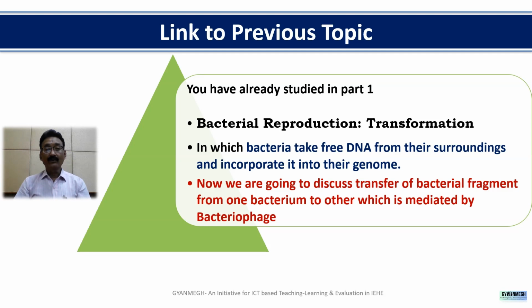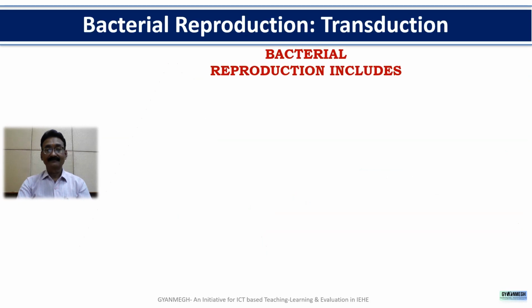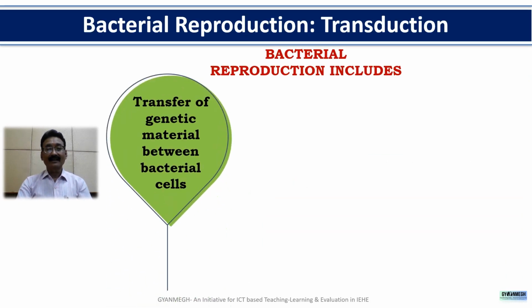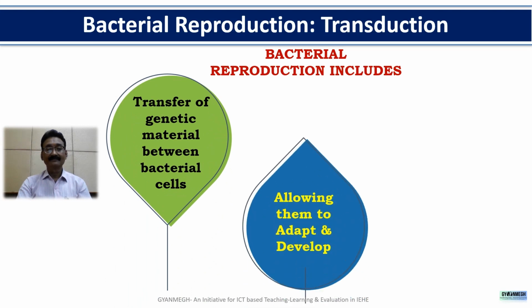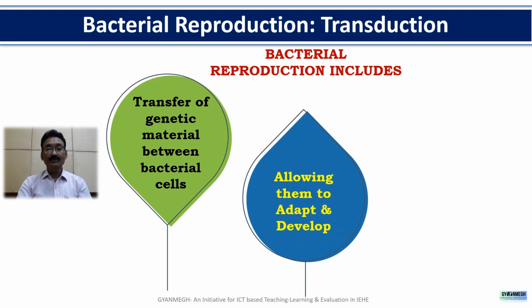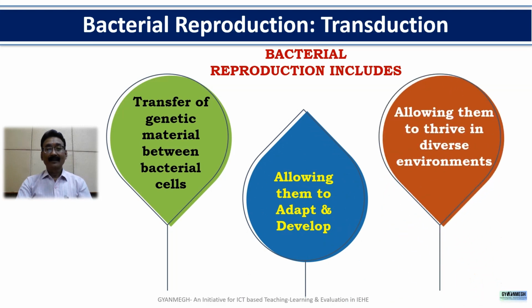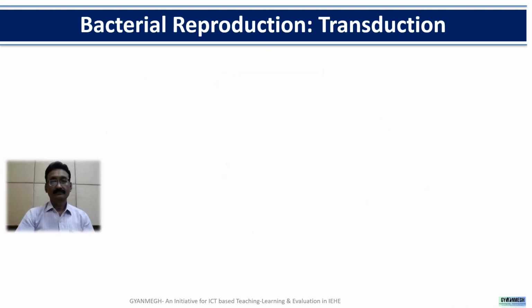Now, we are going to discuss transfer of bacterial fragments from one bacterium to another, which is mediated by bacteriophage. As we know, bacterial reproduction includes transfer of genetic material between bacterial cells, allowing them to adapt and thrive in diverse environments.